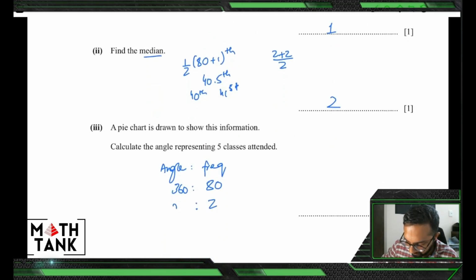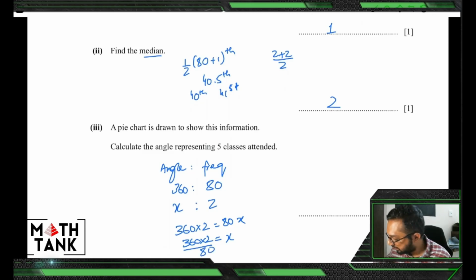So I'm going to say 2 and x, and then I cross multiply and solve. So 360 multiplied by 2 divided by 80. About 9 degrees, I think. Yeah, 9 degrees. Okay, so I'm going to write 9 degrees.